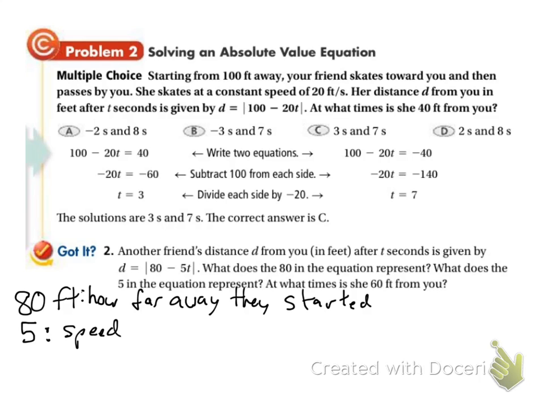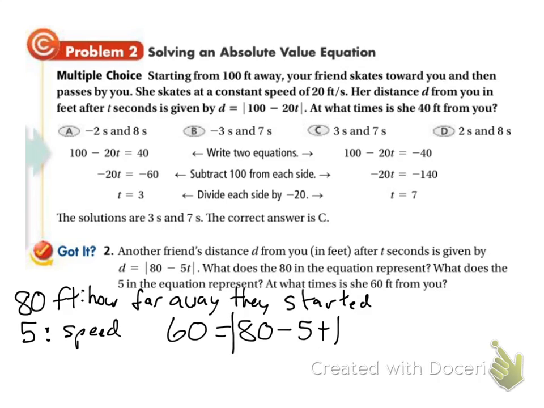So the 5 is the speed. At what time is she 60 feet away from you? So 60 feet, is that distance or is that time? That's distance, right? So we're going to plug in for D. So I get 60 is equal to the absolute value of 80 minus 5t. Okay, so when we're solving these ones, same idea. I need to get the absolute value alone. So already, I only have the absolute value on the right side of my equation.